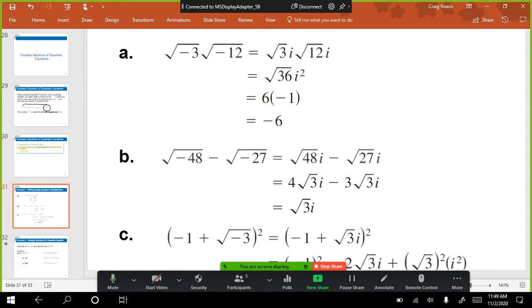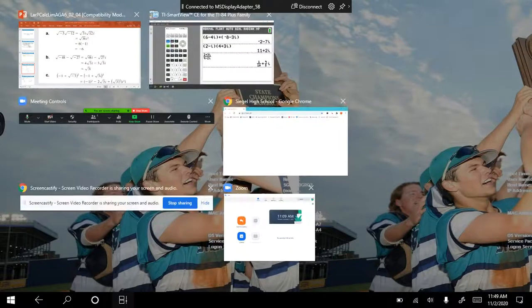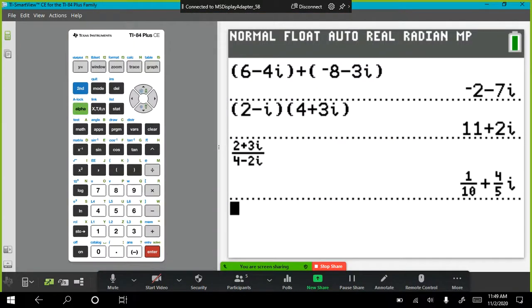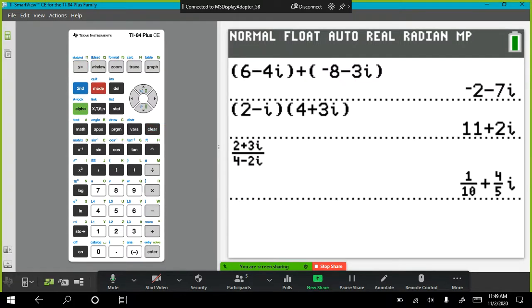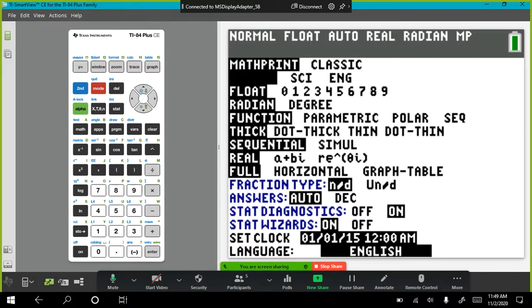This is where you have to be careful. Let me double check what it gets on the calculator when we do this. Now, I think if we are dealing with negative square roots, I do have to change the mode of the calculator, because otherwise it's going to say it's a non-real answer.